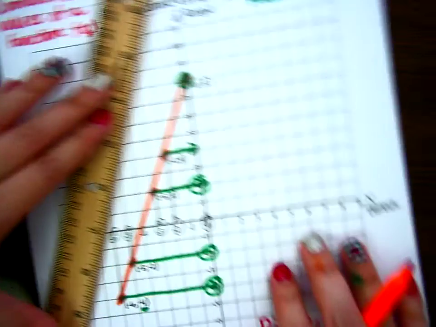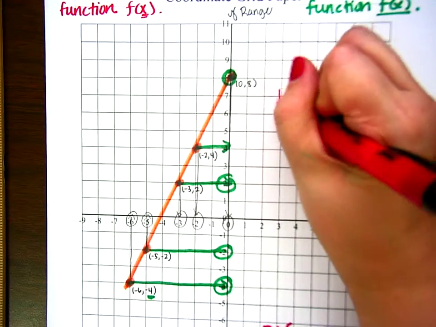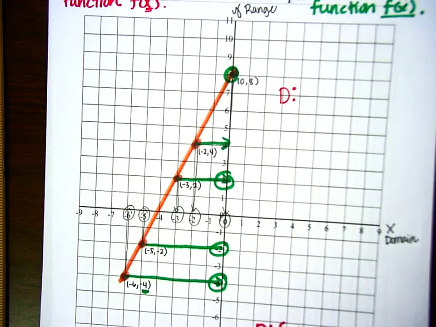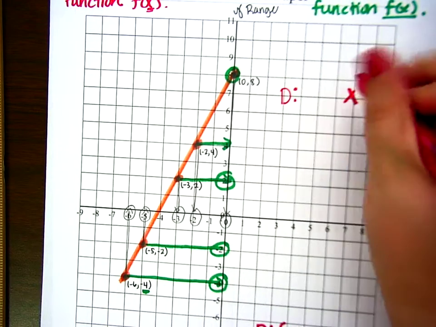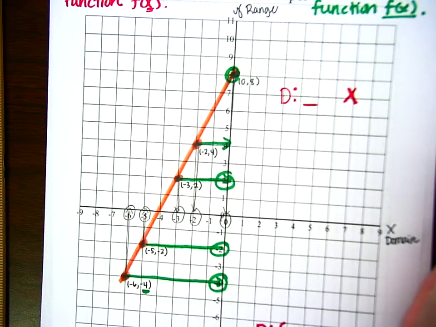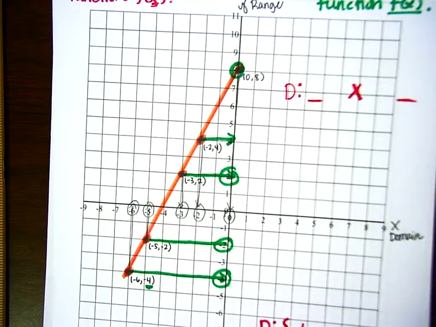I'm just going to go ahead and draw a line through these to make it a little bit easier. Okay, so I'm not going to write this as a list. Now instead of a list, we're going to write this as an inequality, where on the left I have my minimum x value, and on the right I have my maximum.